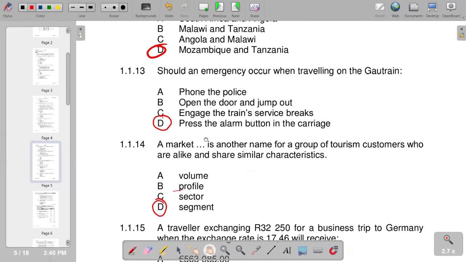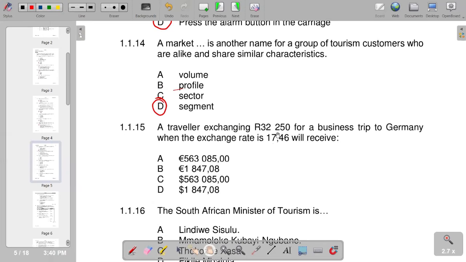Then we move on to number 15. A traveler exchanging 32,250 rands for a business trip to Germany, when the exchange rate is 17.46.